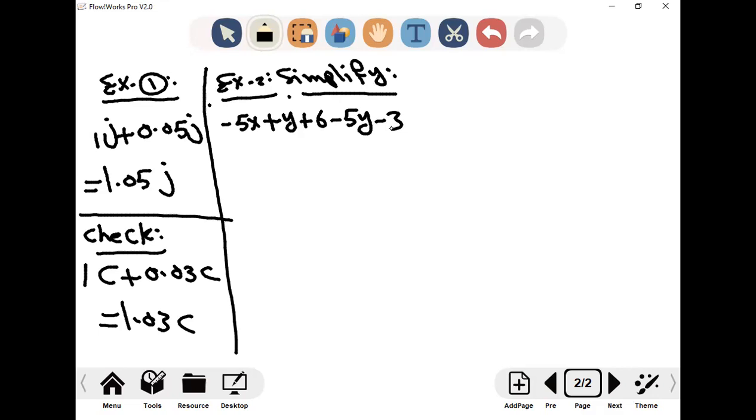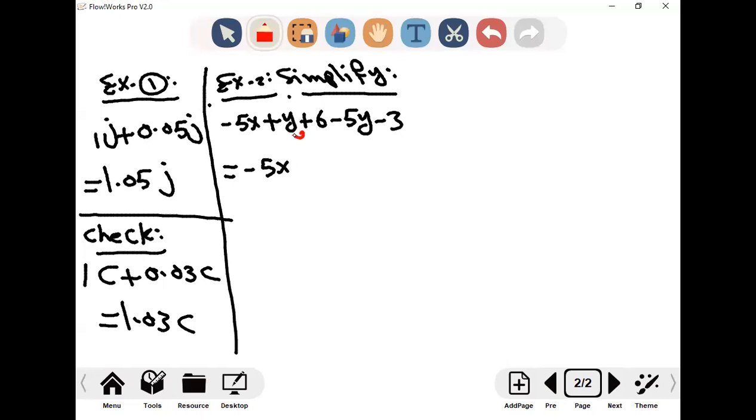Look at the board and understand. Here, how many terms do we have? 1, 2, 3, 4, 5. 5 terms, right? Let's search for the like terms first. Here we have x. Do we have another x? We don't have any like term with negative 5x. So this comes down the same. So this is equal to negative 5x.